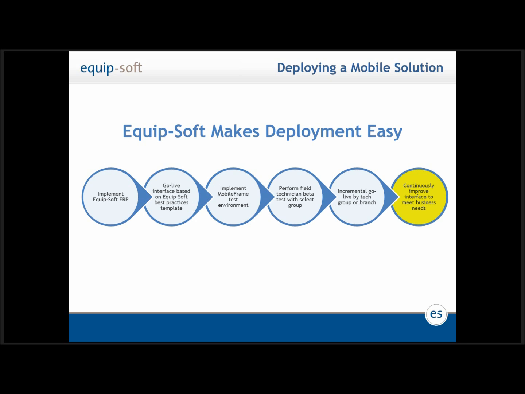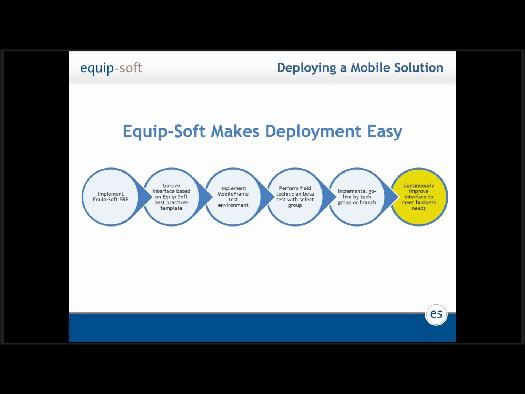So the select group, you're going to pick a group of techs or maybe a single branch in order to test the product and see what the feedback is coming back from the field. That feedback you will use to incrementally improve the software.